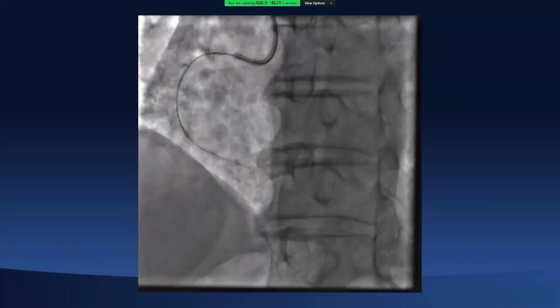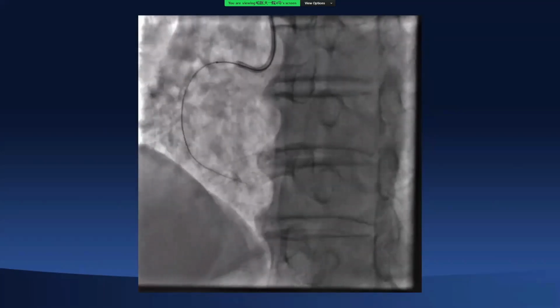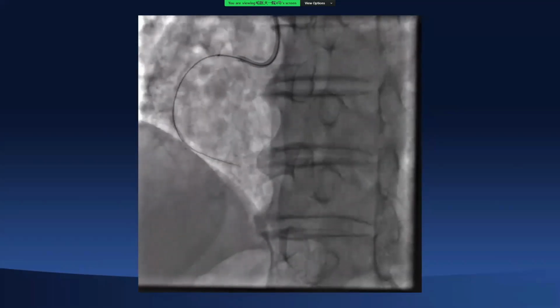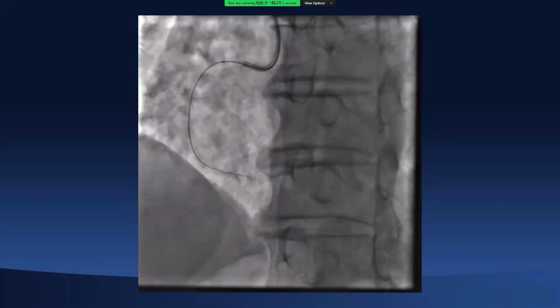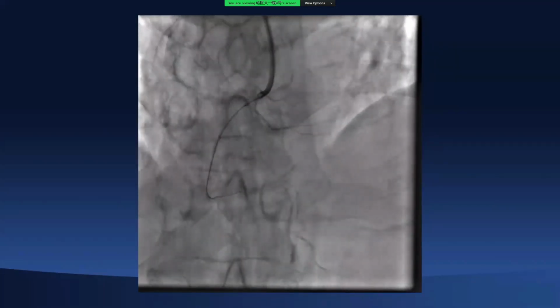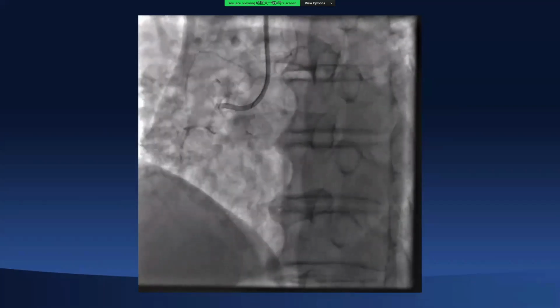The operator tried to open the proximal occlusion lesion of the right coronary artery. However, unfortunately, the guiding wire failed to enter the true lumen. This is the end of that operation.